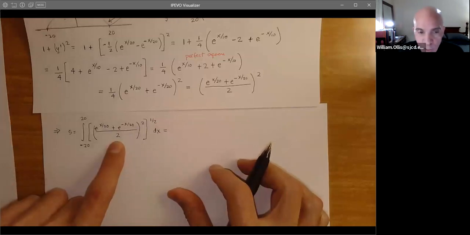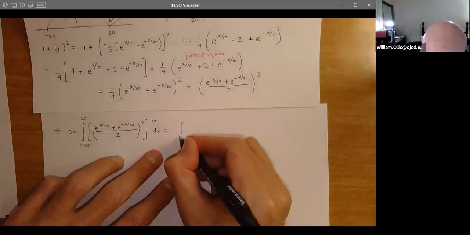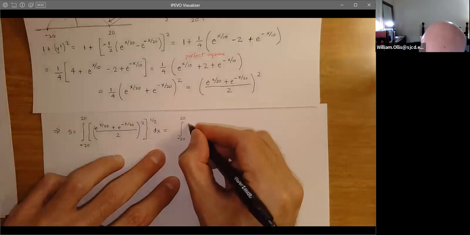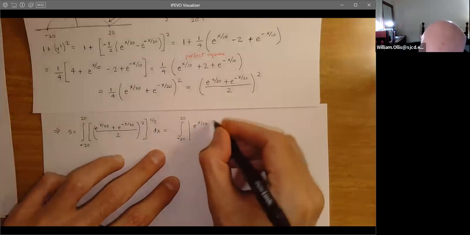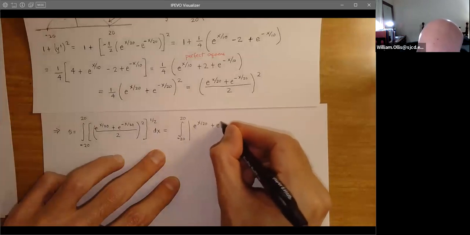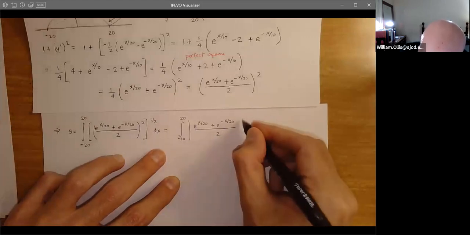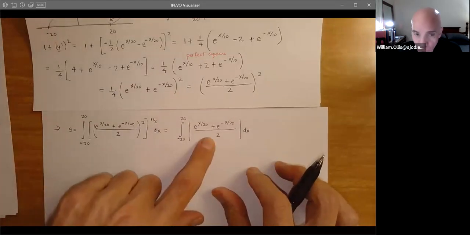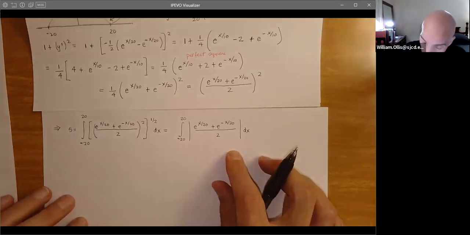Now, of course, this is the principal square root of a square, so we get the absolute value of e to the x over 20 plus e to the negative x over 20 divided by 2. But now, on this particular interval, the function is non-negative. It's the inverted catenary, and so we can remove the absolute values.